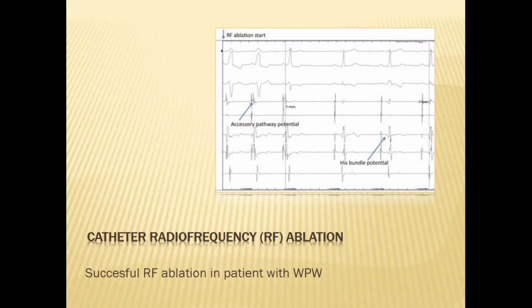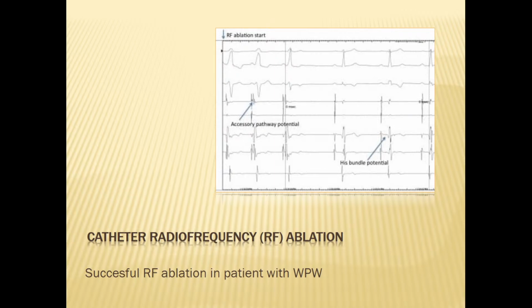Examples of catheter radiofrequency ablation. It is very helpful in patients with WPW syndrome. You see in the left part of the ECG, accessory pathway potential.